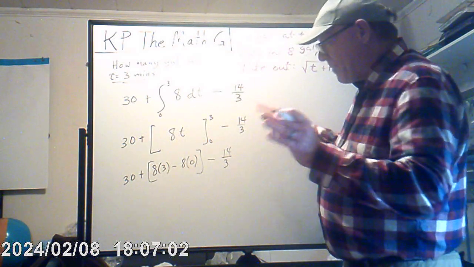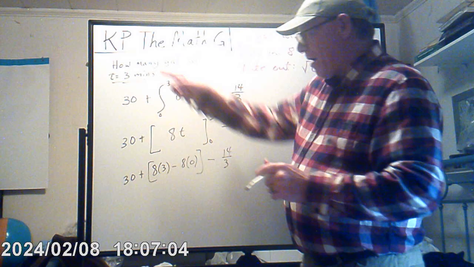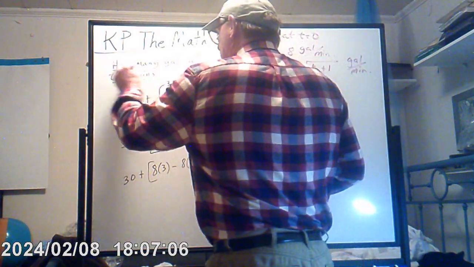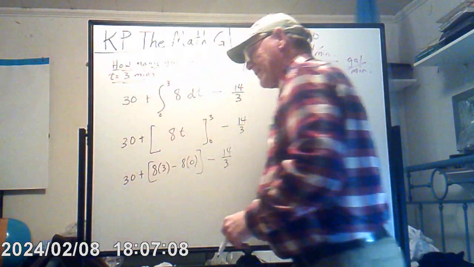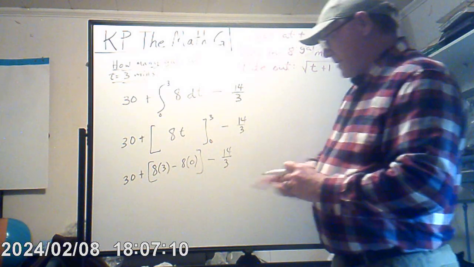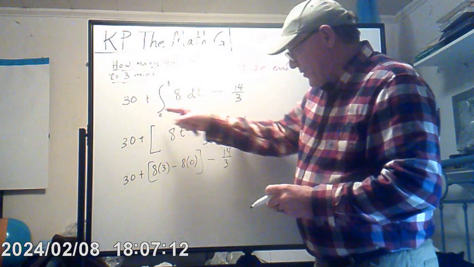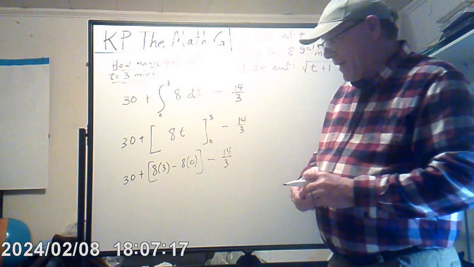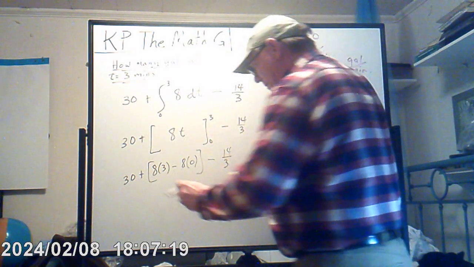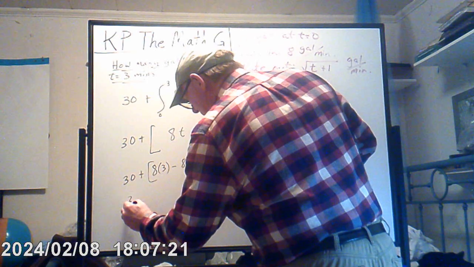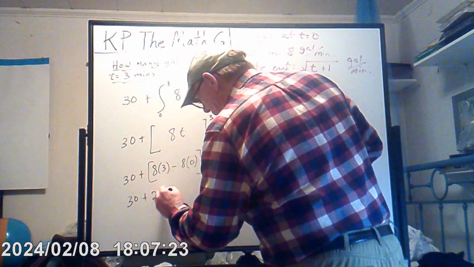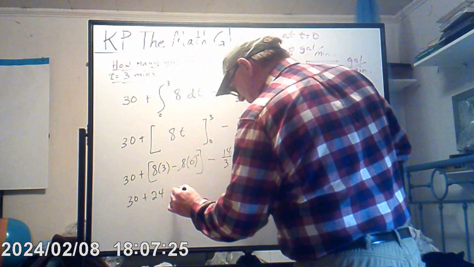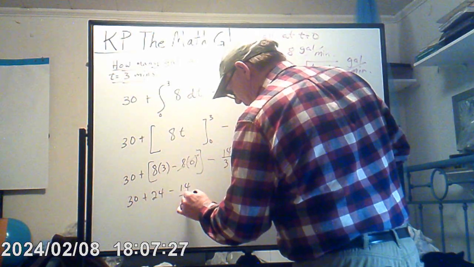Alright, just try to make sense out of this, because this is how many gallons. Alright, there it is. And that's the pattern. 30 plus, alright, like that. Now we're going to get this as 24, so 30 plus 24, this is 0, minus 14 thirds.